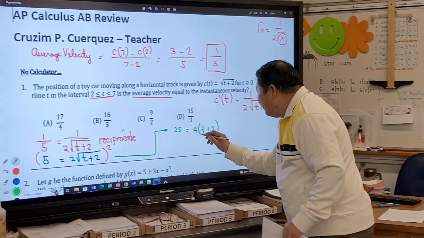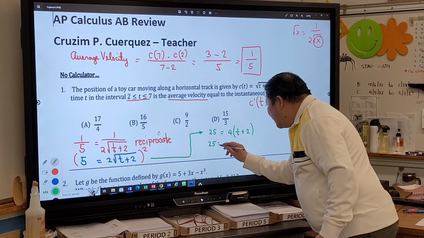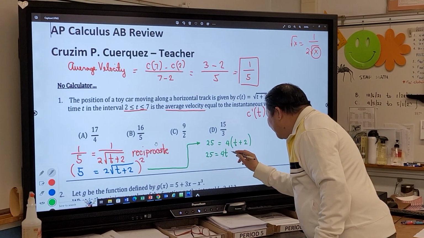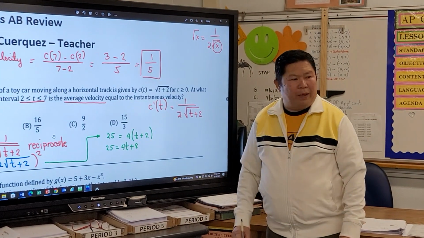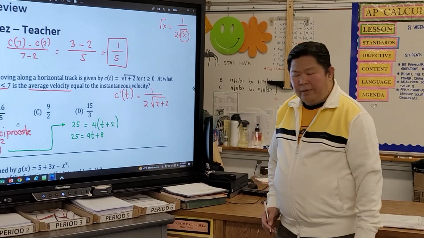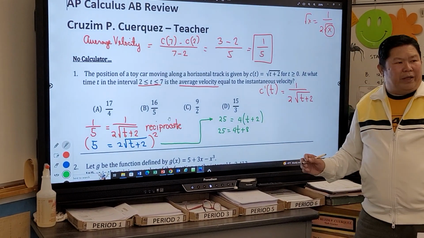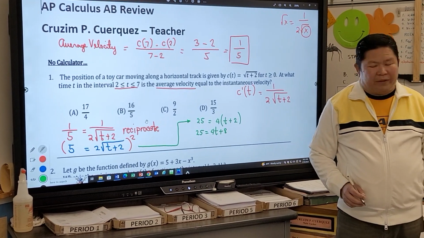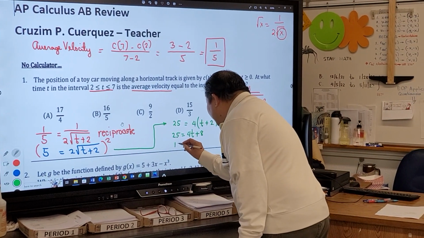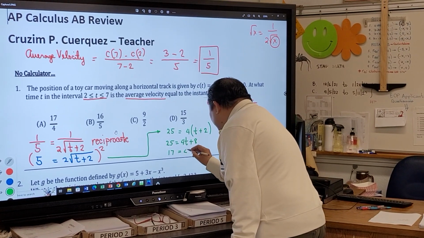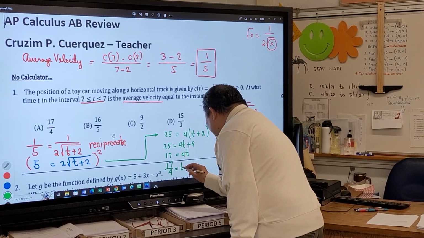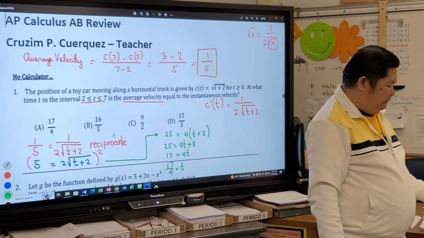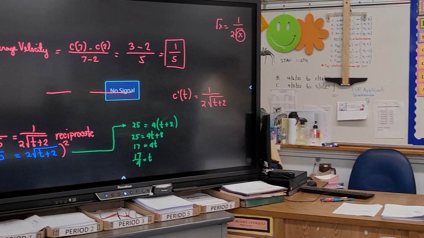Okay, so this is 25 is equal to 4t plus 8. Then we have to subtract both sides by 8. You get me? Subtract both sides by 8. So what is 25 minus 8? 17. Okay, so we have 17 is equal to 4t. Therefore, t is 17 over 4. Okay? 17 over 4.